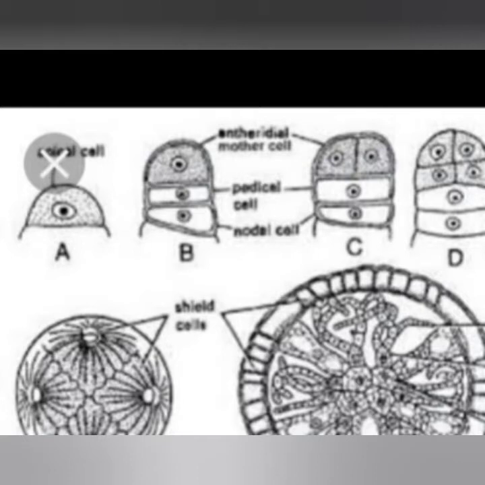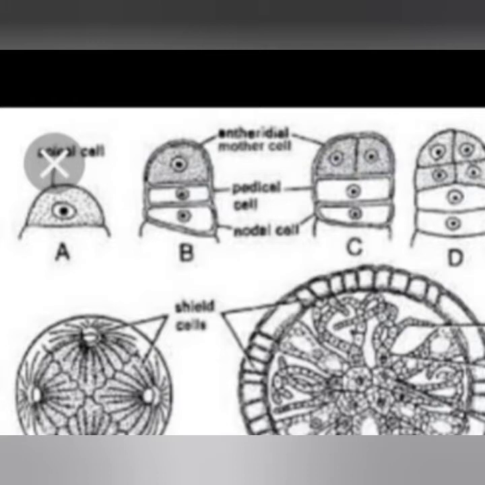Now, if you take a look at figure B, this antheridial initial will divide transversely into a basal pedicle cell and a terminal antheridial mother cell. So it divides transversely into a basal pedicle cell and a terminal antheridial mother cell.